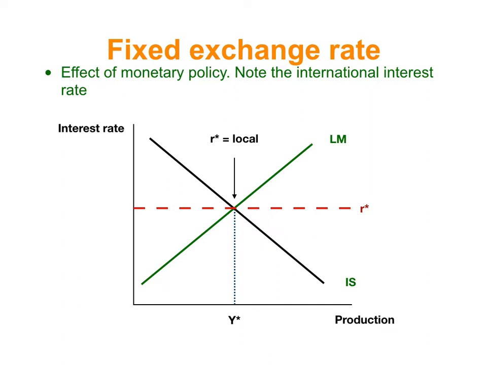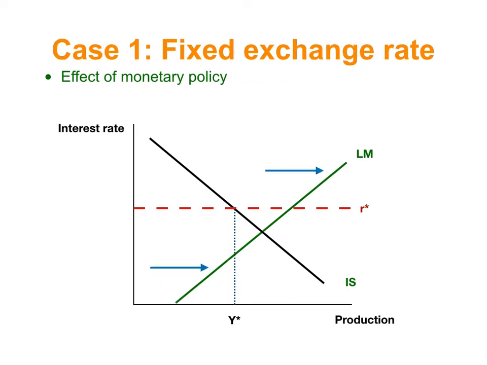This economy cannot do anything to influence this interest rate, and that is why this interest rate is horizontal. And in this diagram, there is also an equilibrium where the local interest rate is equal to the international interest rate.